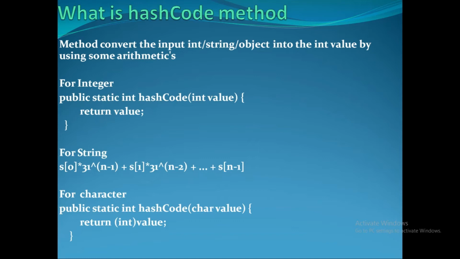So I hope you are clear with the hashCode method. The hashCode method is nothing but something that converts our input, which may be an integer, string, object, or our own custom object, into one particular integer value by using some arithmetic.